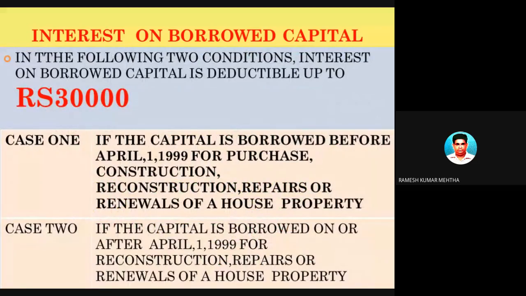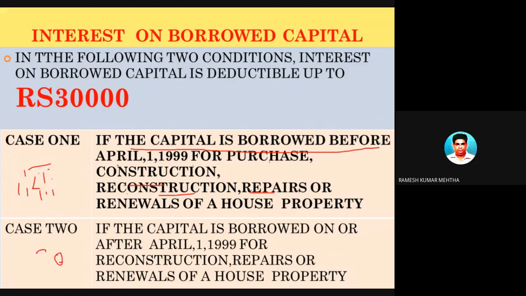Point number 1. Now let's see another two circumstances. If the capital is borrowed before 1/4/1999 for the purpose of construction, purchase, reconstruction, or repairs, then the maximum amount of interest which will be allowed as deduction, irrespective of the amount paid, is lowered to 30,000 rupees.